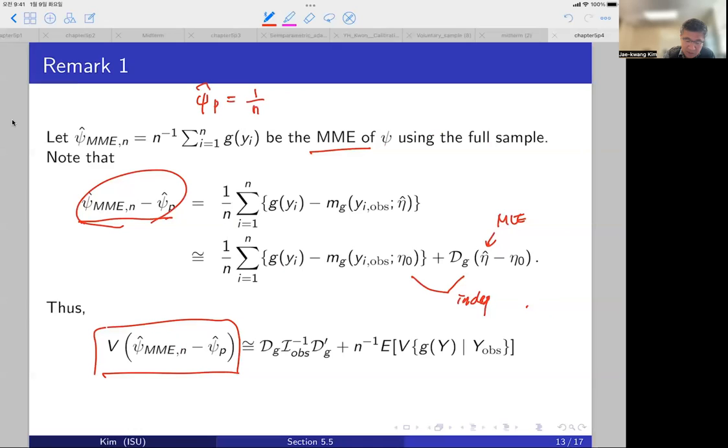Eta hat P is the conditional expectation of G(Y) given Y observed and the MLE eta hat, so it is the best predictor.